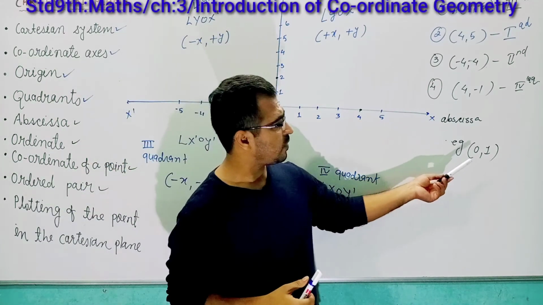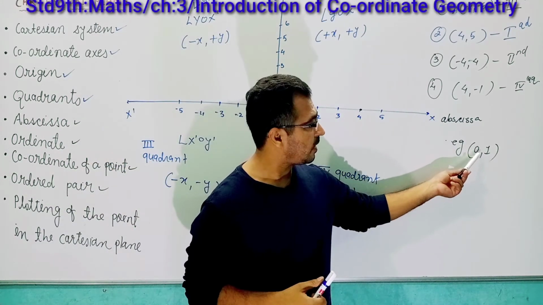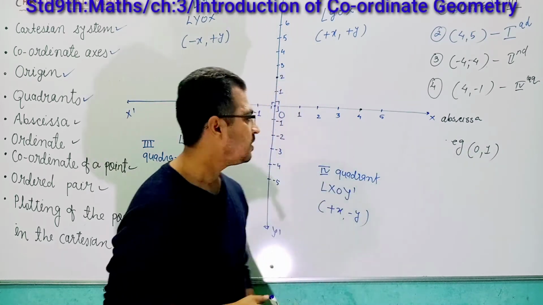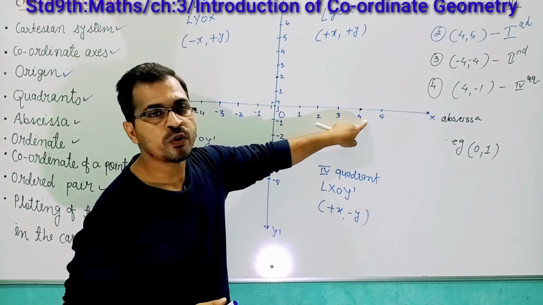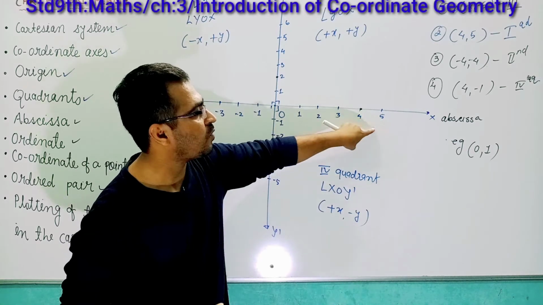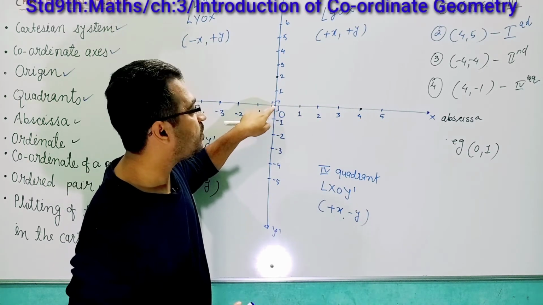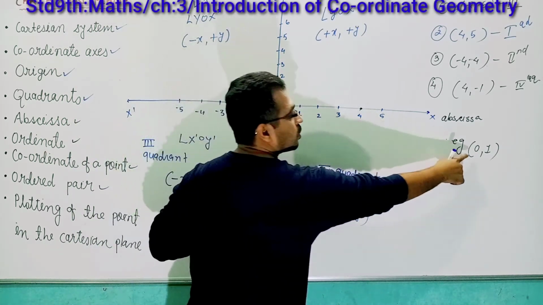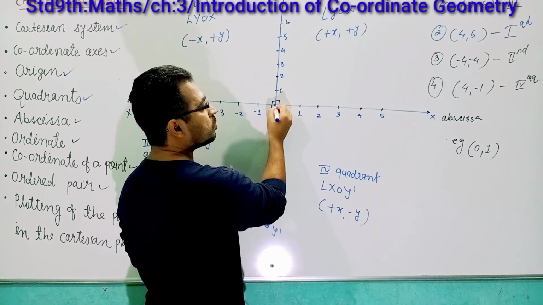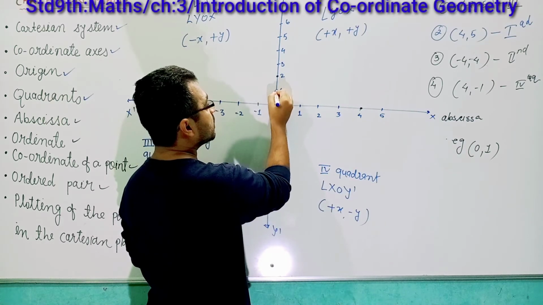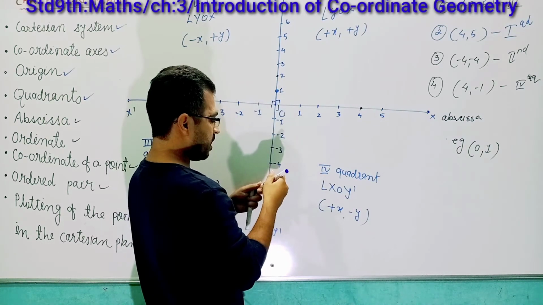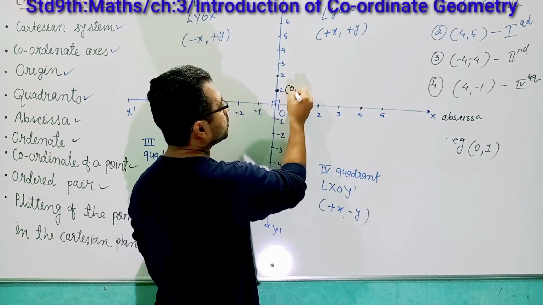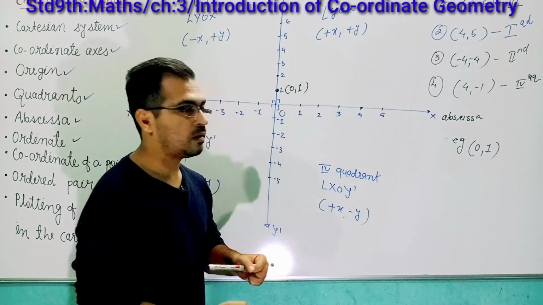It means you have to see that the value of x is 0 and the value of y is 1. So you don't need to move on the x-axis because the value of x is 0, you will be over here. You will have to move from here. This is the position of 0 and you will have to move on the y-axis. So students, here you can locate that point. This is 0 and 1.